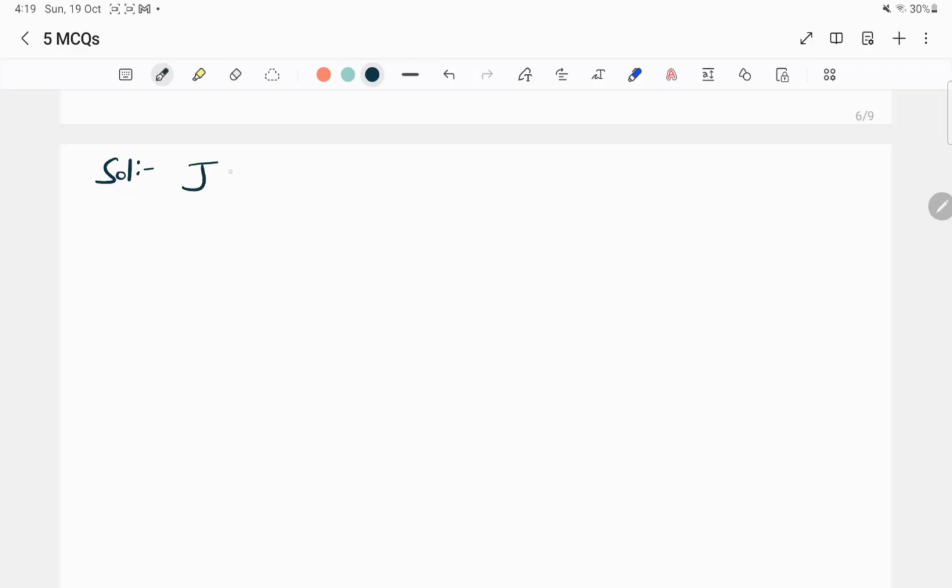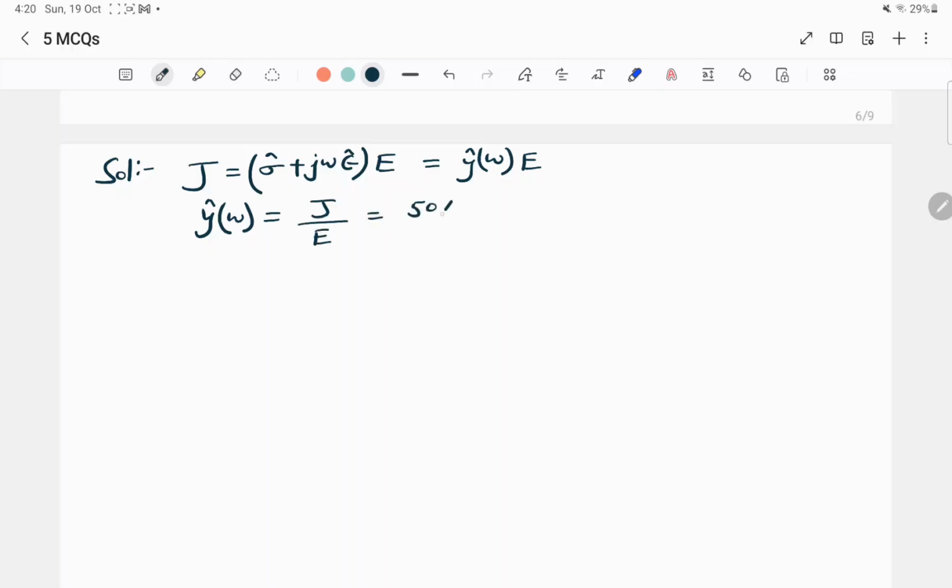So we know that J is equal to sigma cap plus j omega epsilon cap times E, which is also written as y cap, a function of omega, times E. So y cap of omega can be written as J over E, and J is given as 50 milli, and the electric field is given as 10 micro.